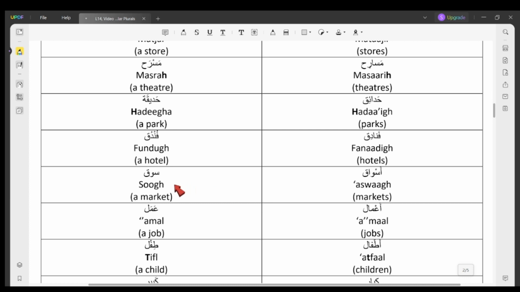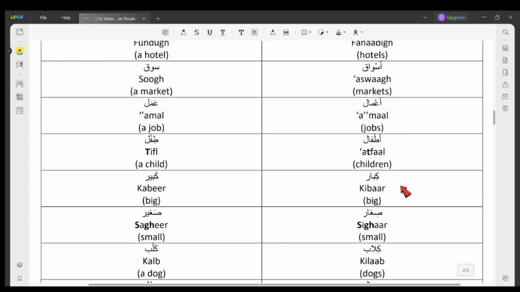Next, suq. Suq, meaning a market. And the plural, aswaq, meaning markets. Next, amal. Amal, meaning a job. And the plural, a'mal.